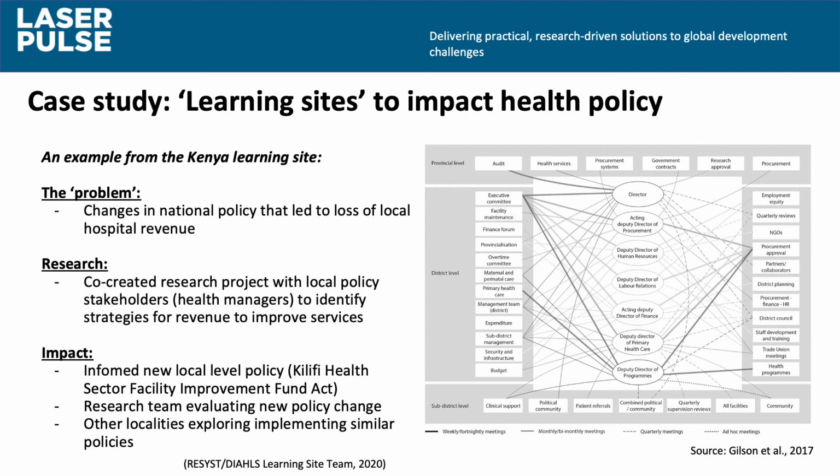The result of this research project was that the research team was not only able to demonstrate a negative impact of the current policy, but also to propose policy alternatives to county policymakers, which ended up informing a new local county policy, the Khalifi Health Sector Facility Improvement Act, that provided a policy solution for hospitals to access additional funds. Moreover, other counties in Kenya are currently exploring similar policies, while the research team has been engaged in national health policy committees to further disseminate their findings about the impact of the policy on hospital revenue and services.